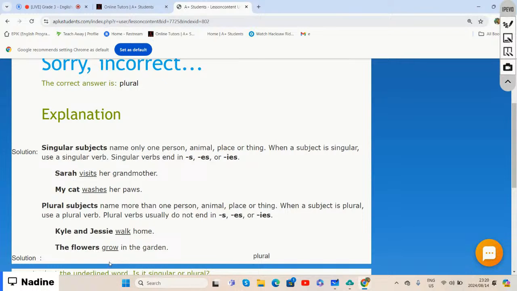Plural subjects name more than one person, animal, place, or thing. And when a subject is plural, we use a plural verb which does not end with s, es, or ies.